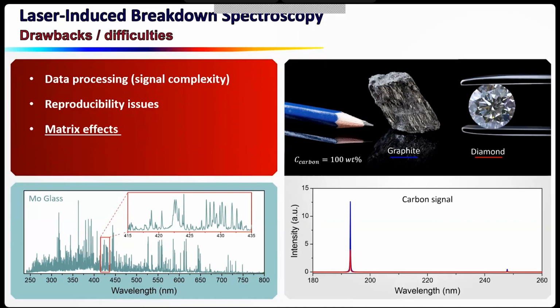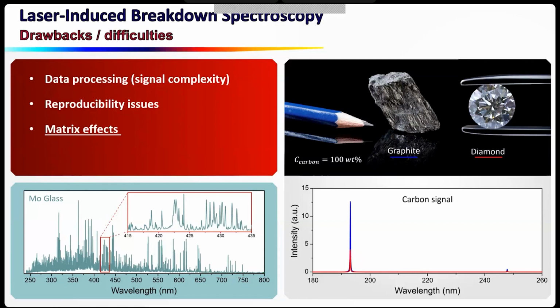And this matrix effect is really easy to understand if you consider diamond and graphite. These two materials are 100% carbon, but they are very different by nature.